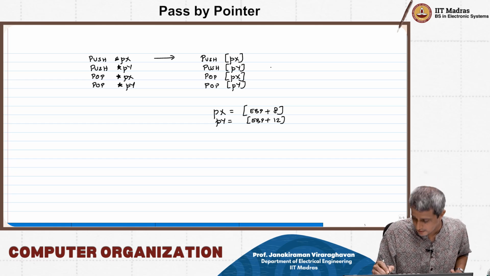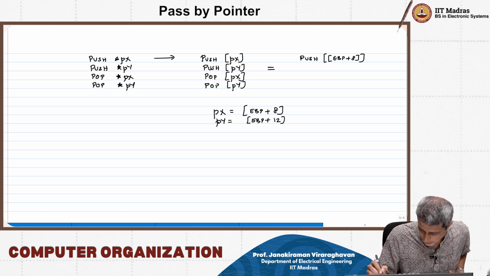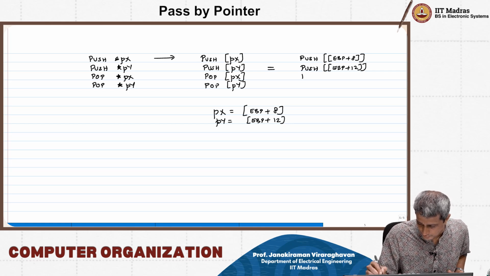So this effectively translates to push double contents of EBP plus 8, push double contents of EBP plus 12, and then pop and pop, same thing in the same order, double contents.